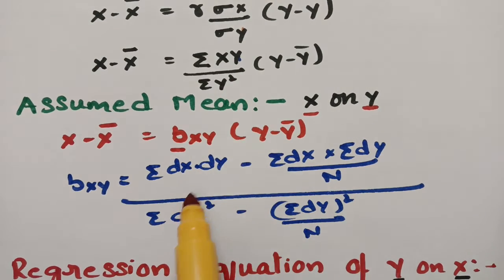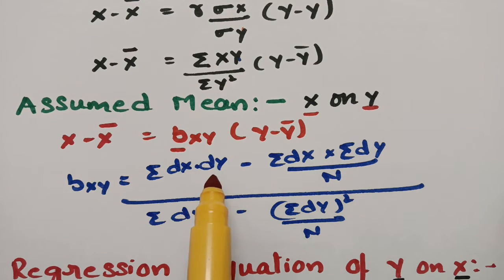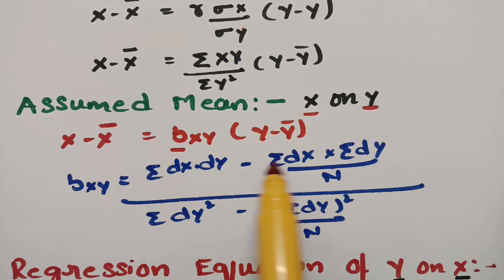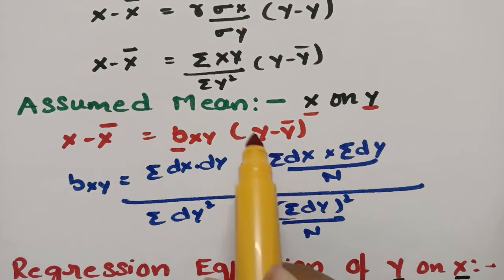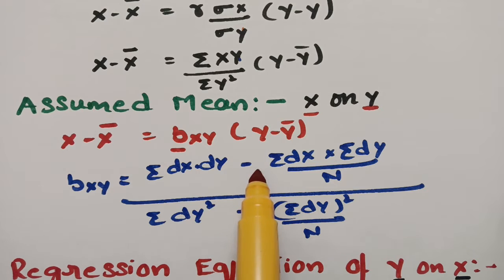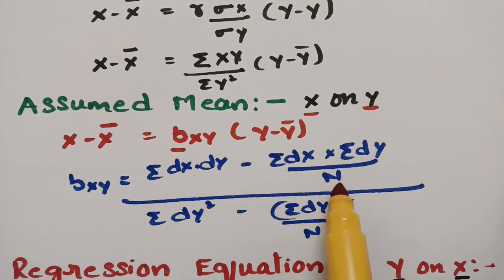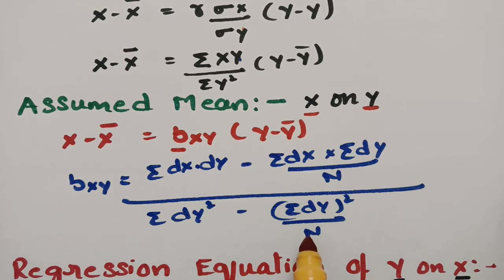It is sigma dx dy minus sigma dx into sigma dy by n, divided by sigma dy square minus sigma dy whole square by n.